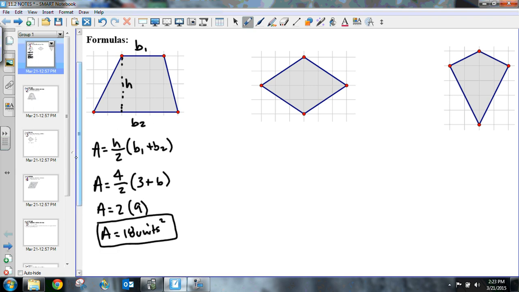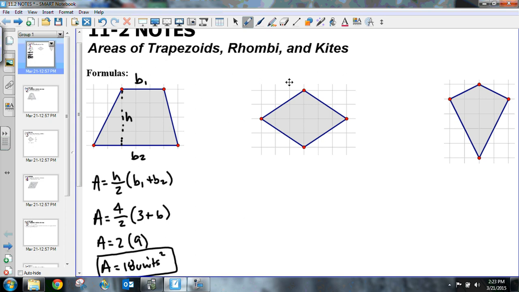That's my formula. Okay, the area of a rhombus, let me change colors, of a rhombus is a little bit different, a little bit interesting. What we use is we use the diagonal. So I'm going to call this my diagonal, my first diagonal, d sub 1. I'm going to call my second diagonal d sub 2.